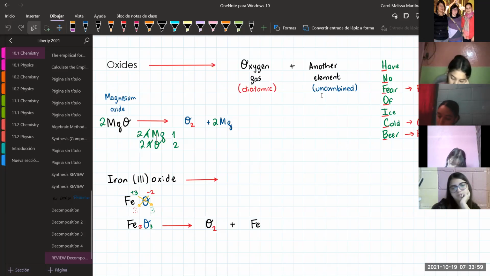So what you do after is check that it is balanced. As you can see, it's not. So you have to balance. You have 2 and 3, and in the product, you have 1 and 2 respectively. How do we balance this? First, I put 2 in front of iron, and it's going to be balanced.